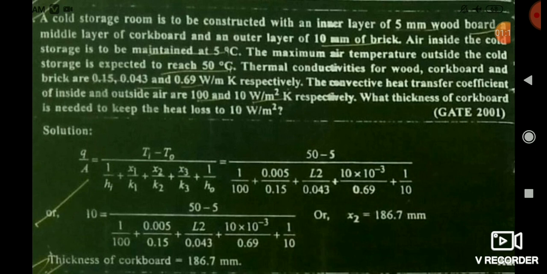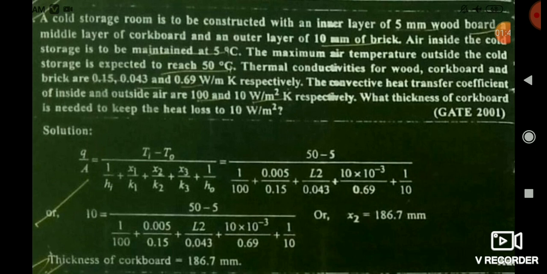The first surface, which is present inside the body, is the convection heat loss due to the inside surface. That is 1 by Hi.